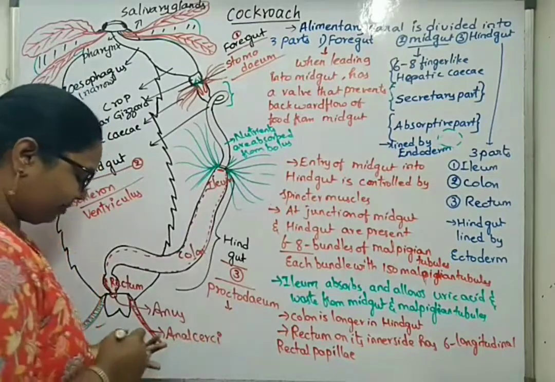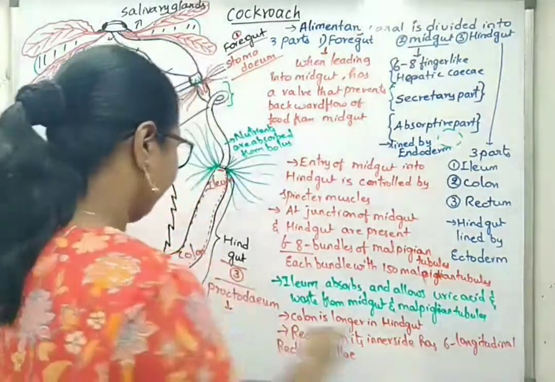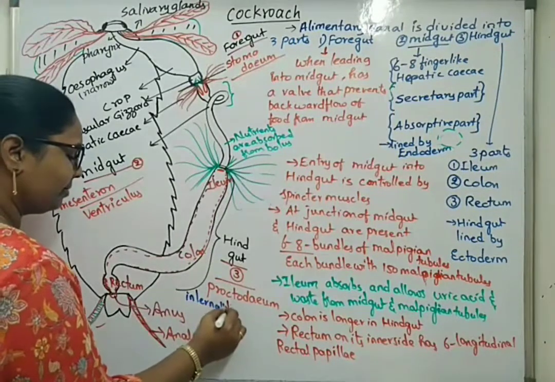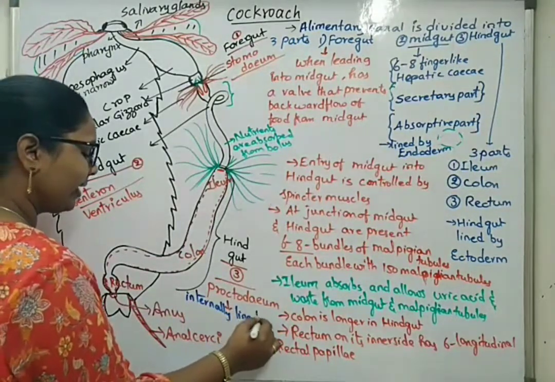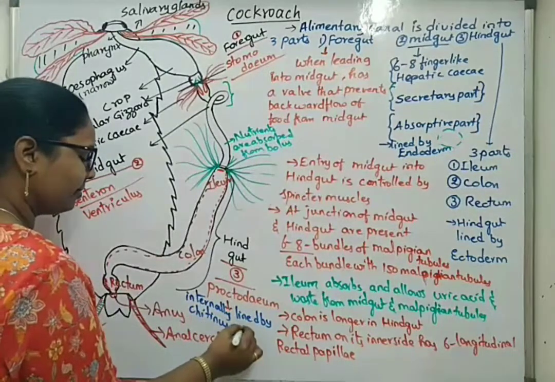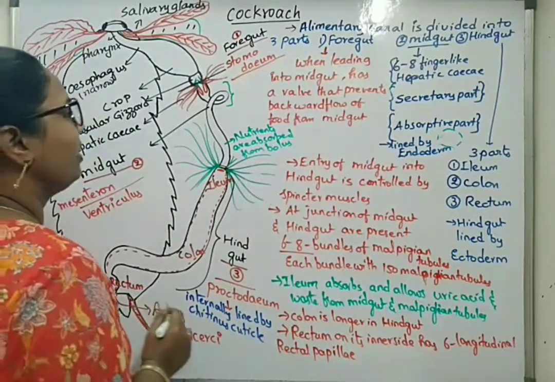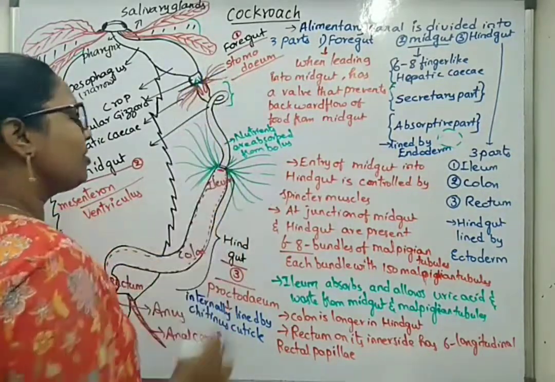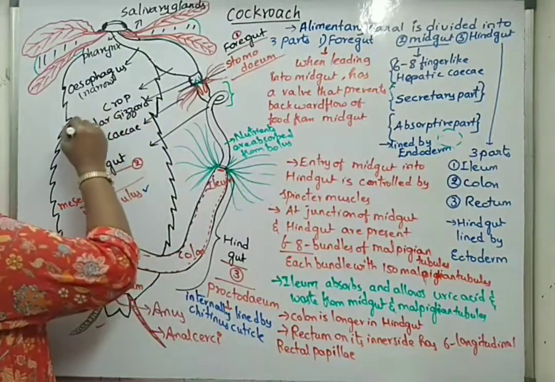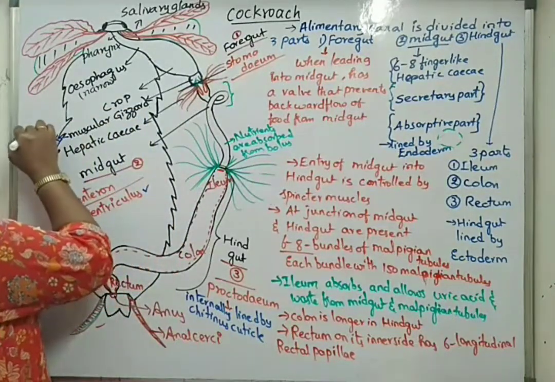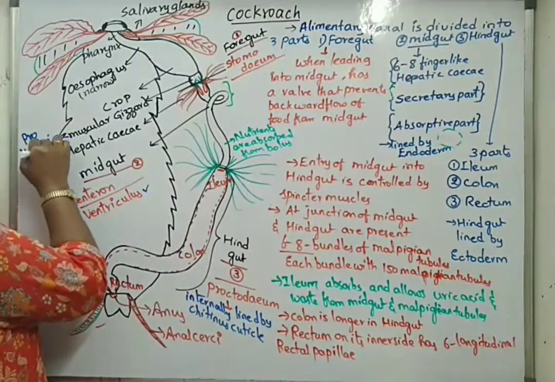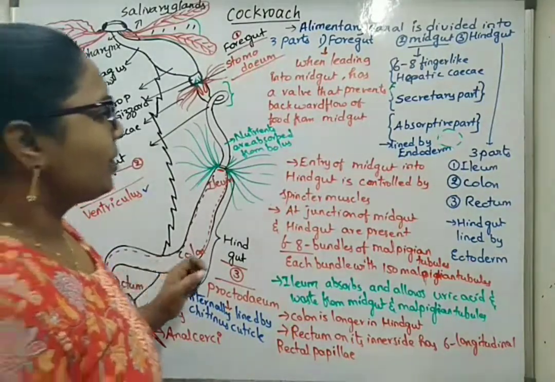Now, midgut is also called ventriculus, and gizzard is also called proventriculus. This is one of the extra points.